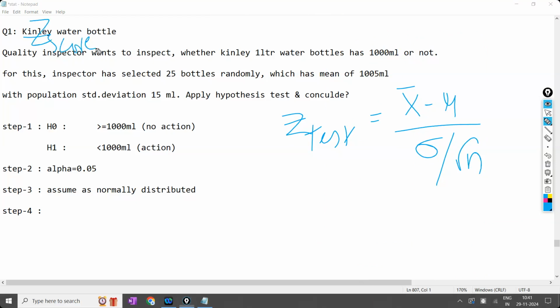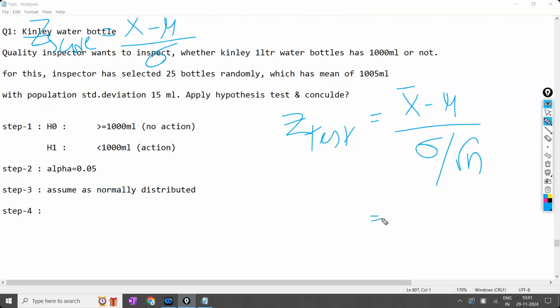Z-score is x minus mu divided by sigma. It is x, not x bar. Here x bar, we are not converting every value. Overall data sample mean minus population mean divided by population standard deviation by square root of n.